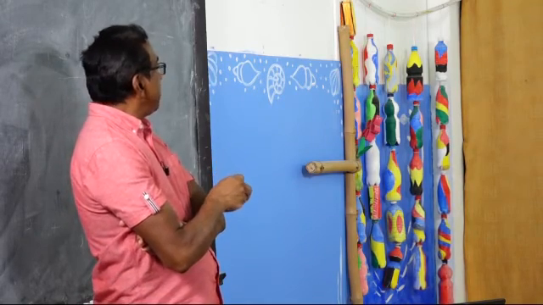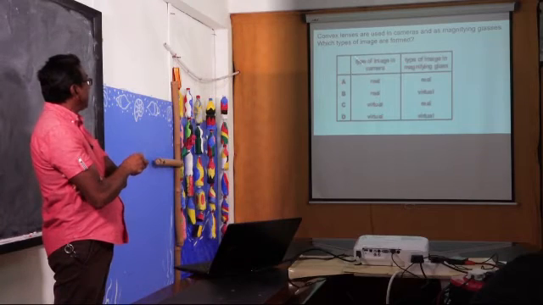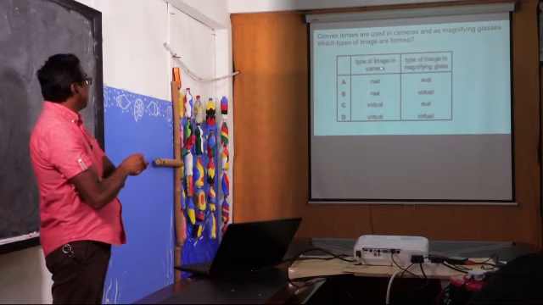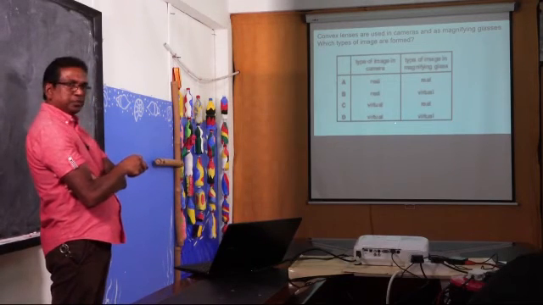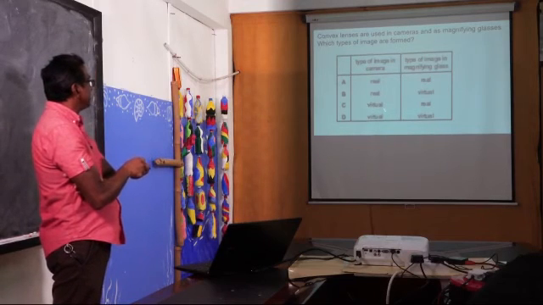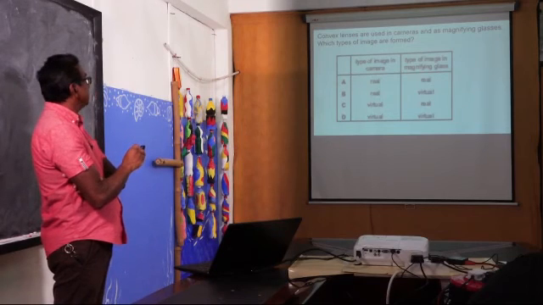Look at option B. Camera, image is real. Option B is correct. In a camera, you do have the real image. So, the answer is B.